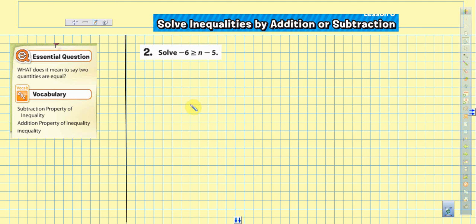Let's try another one. Same idea. Negative 6 is greater than or equal to n minus 5. You draw your line. I see my n is over here. We're subtracting 5, so let's add 5 to both sides.